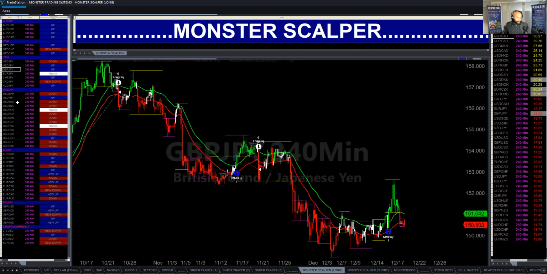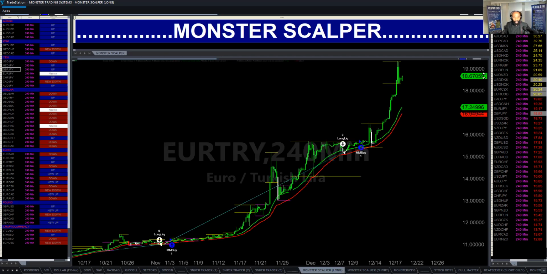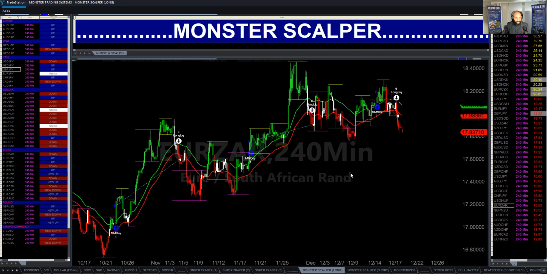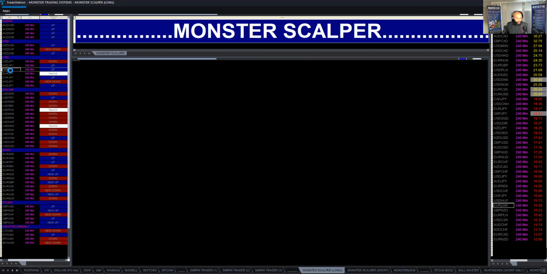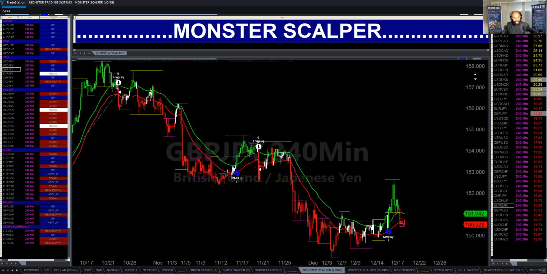And then apart from the yen pairs, USD TRY and EUR TRY are becoming very popular pairs to trade, and then the ZAR pairs, the South African rand. Those pairs really move, but by far most traders like the pound yen, the yen pairs.